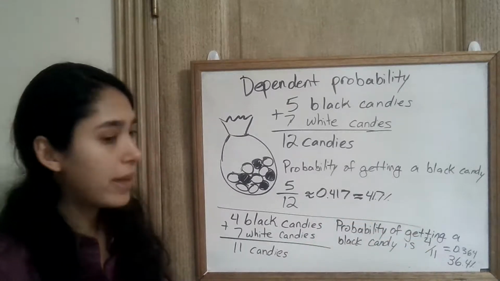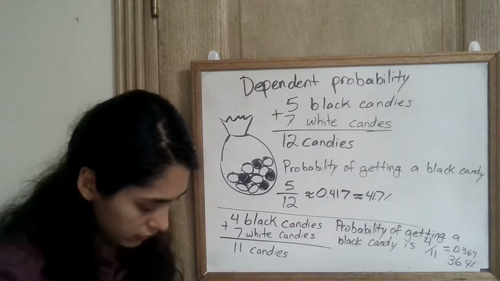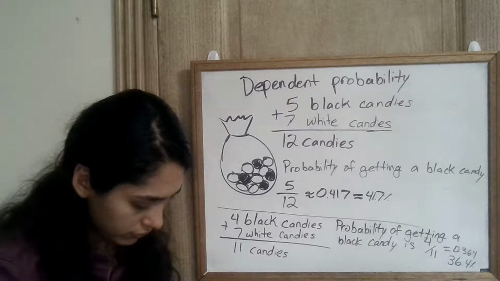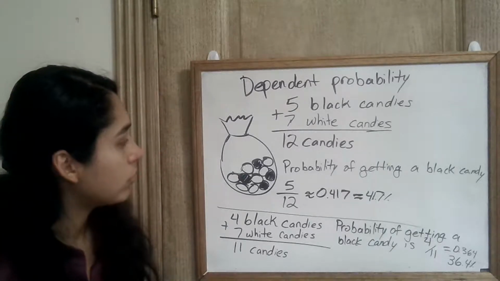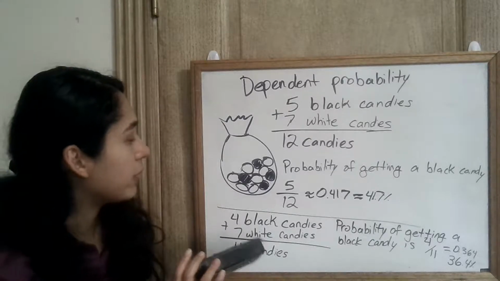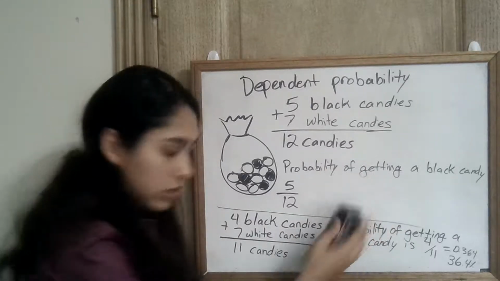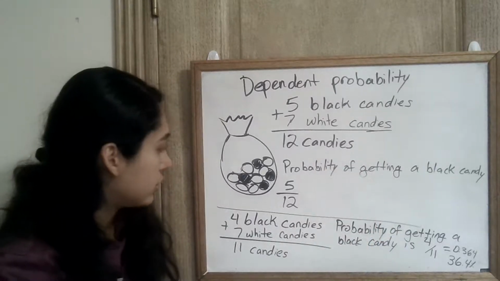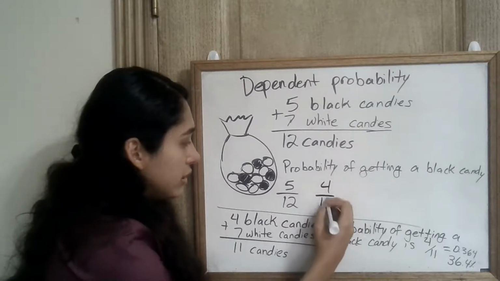So here, let's do a mathematical calculation with this. So now we want to know, in the first time of getting a black candy, it's 5 out of 12. And then it becomes 4 out of 11 the second time.